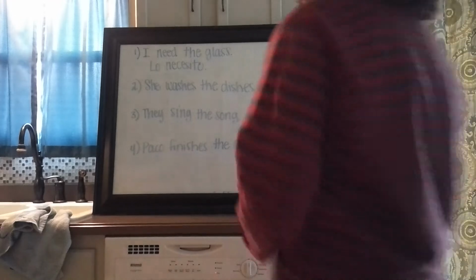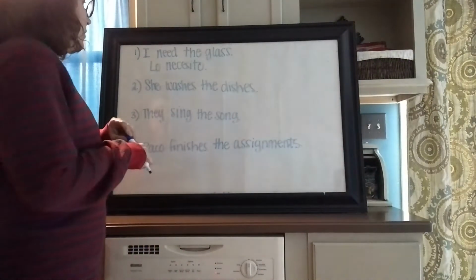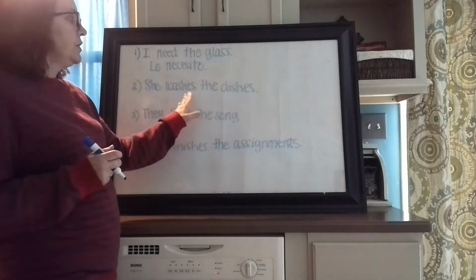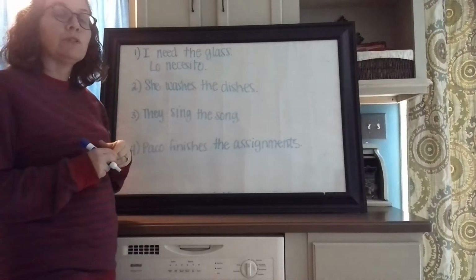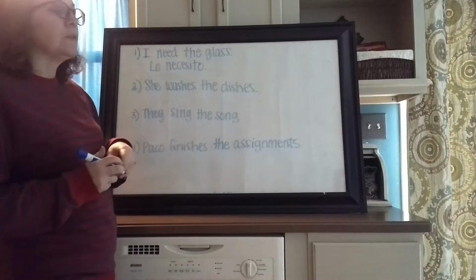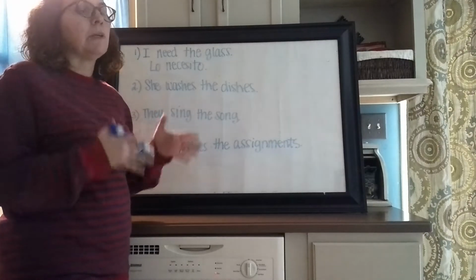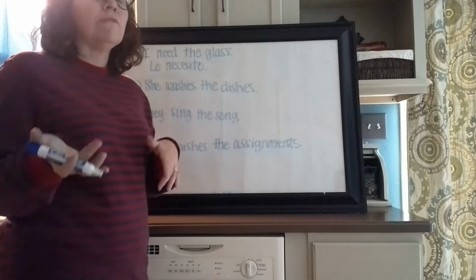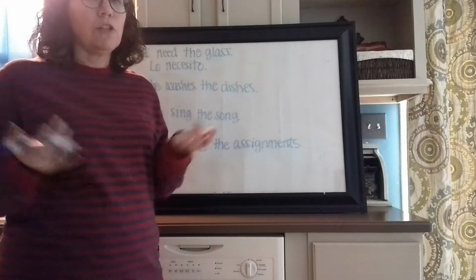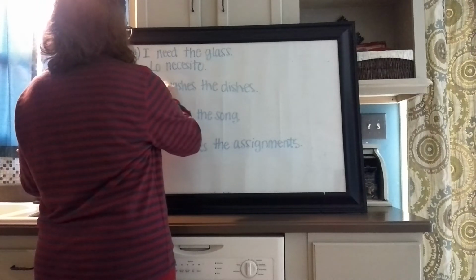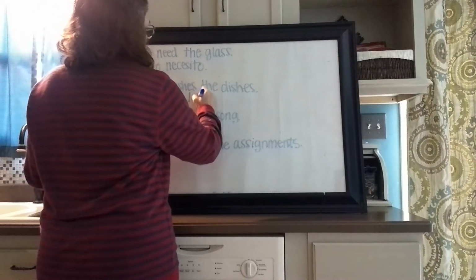Okay, mis amigos, let's see how we did. So she is the doer. She washes what? She washes the dishes. We had already determined that we would use los to replace los platos. So let's start with she washes and decide right away, are we going to conjugate that or leave that infinitive? And of course, we're going to conjugate it. She washes, which would be ella lava.